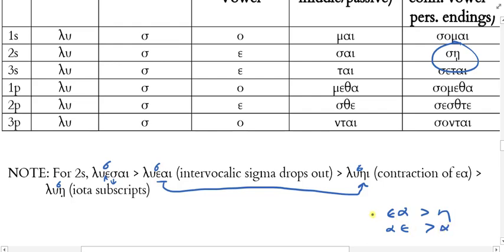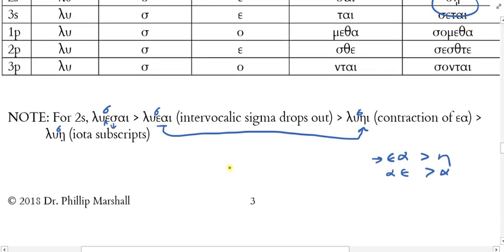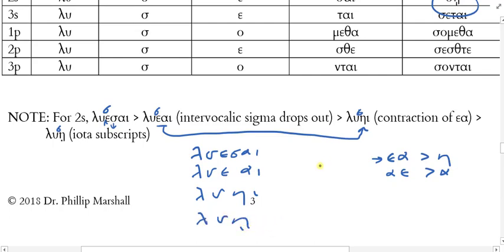So this is the rule we're seeing here. So lu-e-ai, and then this iota, now after a long vowel, will subscript. Okay, so there's basically 4 steps here. Sorry about my mistake. I can't believe I left the most important part of the chapter out, which is the sigma tense formative. So lusesai, luesai, luesai, and then lusei with the iota subscript. Those are the steps.